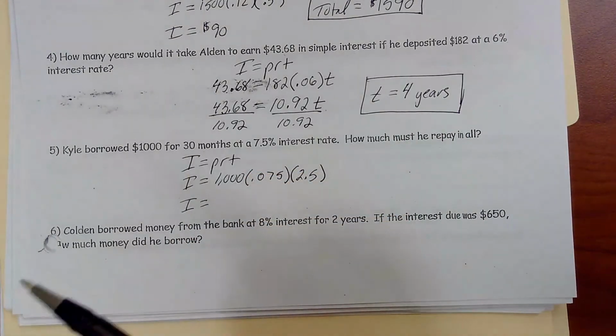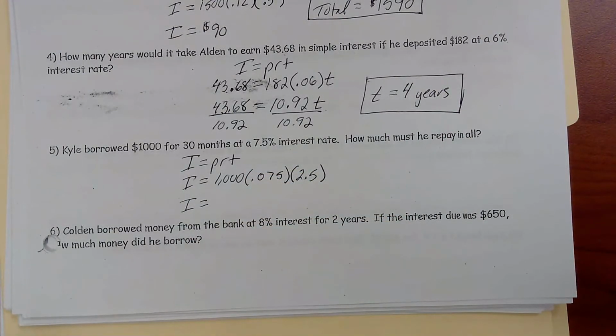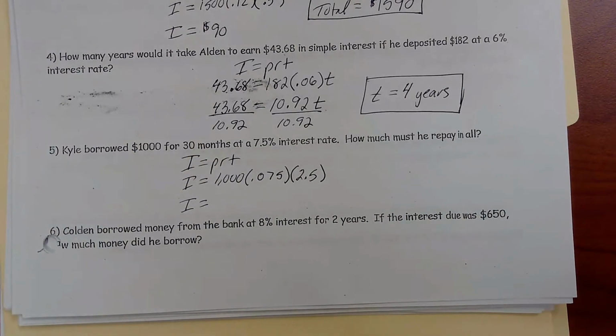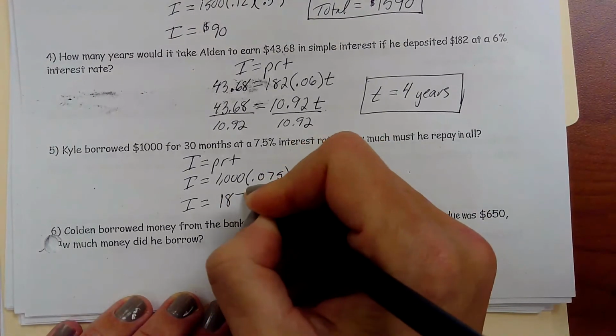How did I figure that out? Well, I knew 24 months was 2 years, and then 6 more is a half. If you don't know that, you could always take the months and divide by 12, because there's 12 months in a year, and that would give you the 2.5 also. All right, multiply those together.